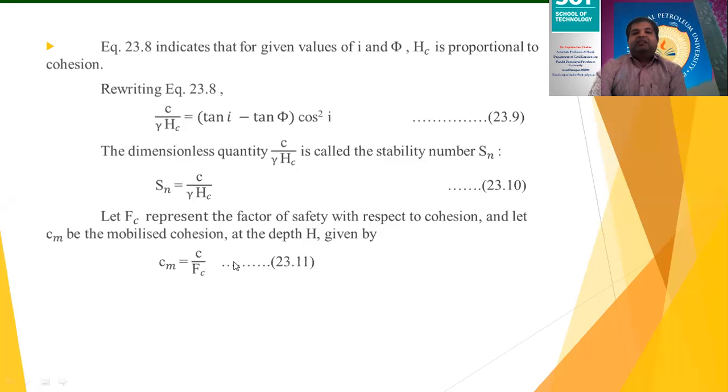Now let us take Fc, which represents the factor of safety with respect to cohesion, and let Cm be the mobilized cohesion at any depth h, when the slope is on the verge of failure. That is nothing but Cm equal to C upon Fc.